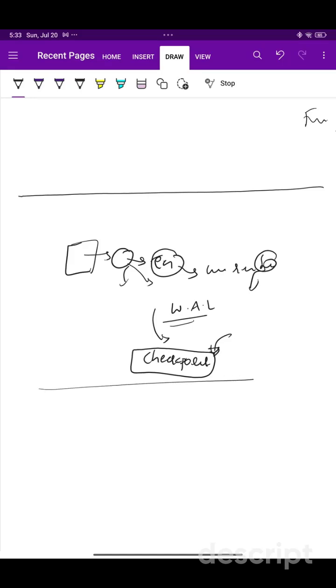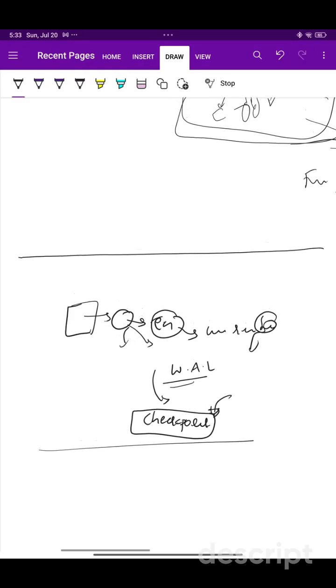Okay, but in some cases the buffer pool is under memory pressure, so at that time it may have to forcefully write the data pages before it gets the time for a checkpoint to hit. Checkpoint periodically takes the data, but whenever we get memory pressure, we forcefully write the data pages before the checkpoint time, with the help of the lazy writer.